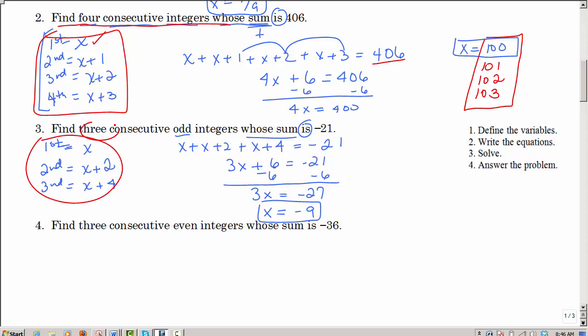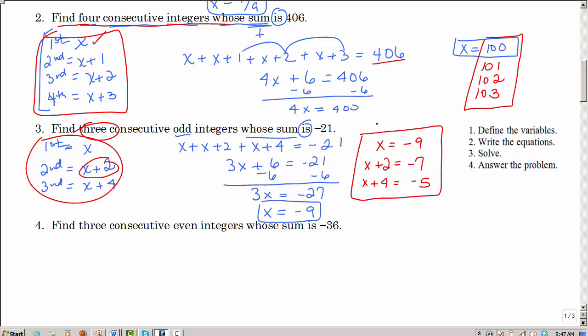I've got to find 3 consecutive odd integers. Okay, so x is negative 9. X plus 2. That's what you want to do for your next one. What is negative 9 plus 2? It's negative 7. So what's the next one going to be? That's right, negative 5. Those are consecutive odd integers. That's what you're looking for.